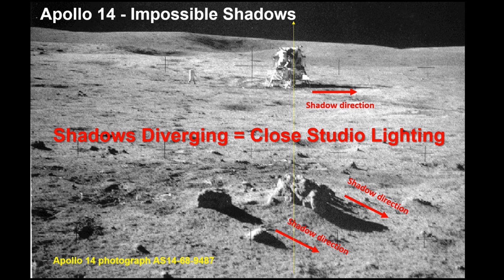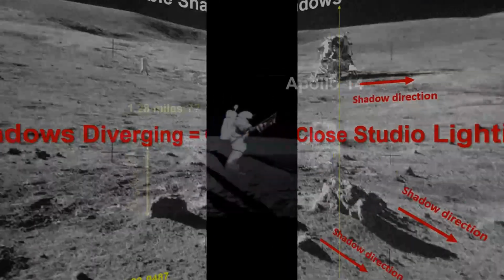I can understand if they're off the line of sight and there are different angles, perspective can do all kinds of things, but these shadows are diverging, and to me that means a close studio light or a model light, or however you want to look at it, but that just does not look right.